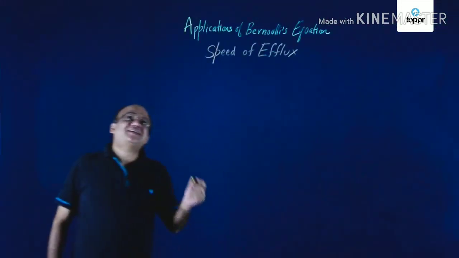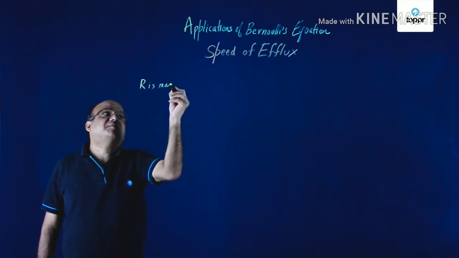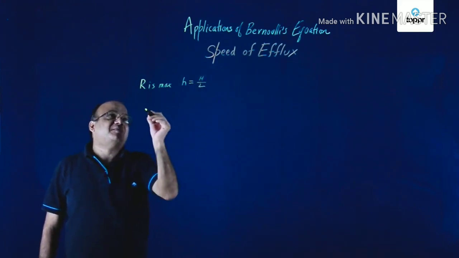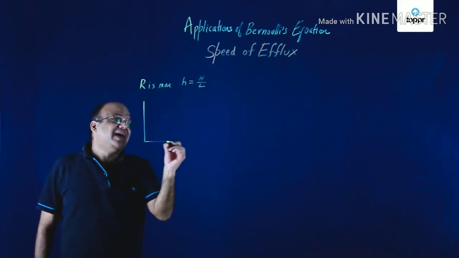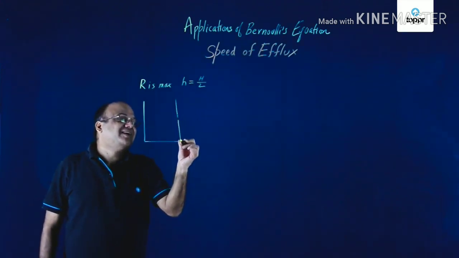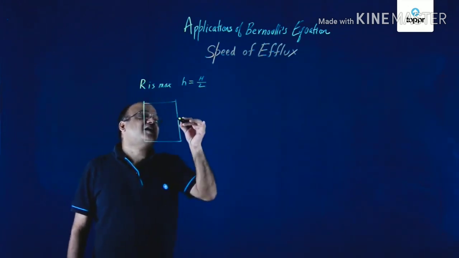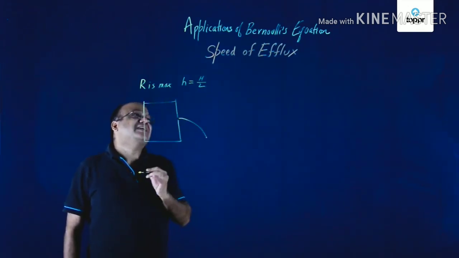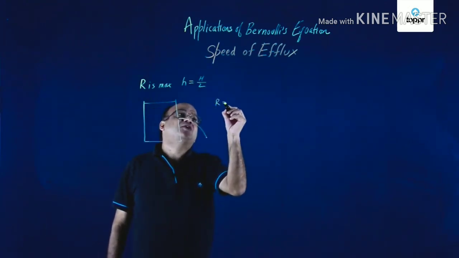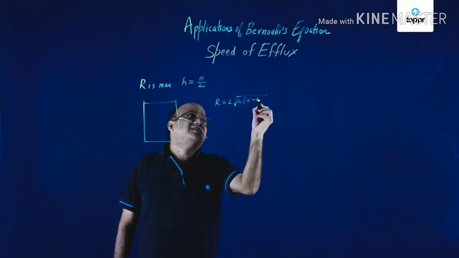Now we have seen that the range is maximum when h equal to H by 2. That means if you make the hole at the center of the liquid level, where liquid is up to here and you make a hole here, we get R as maximum. The range formula is given by 2 root over h(H minus h).